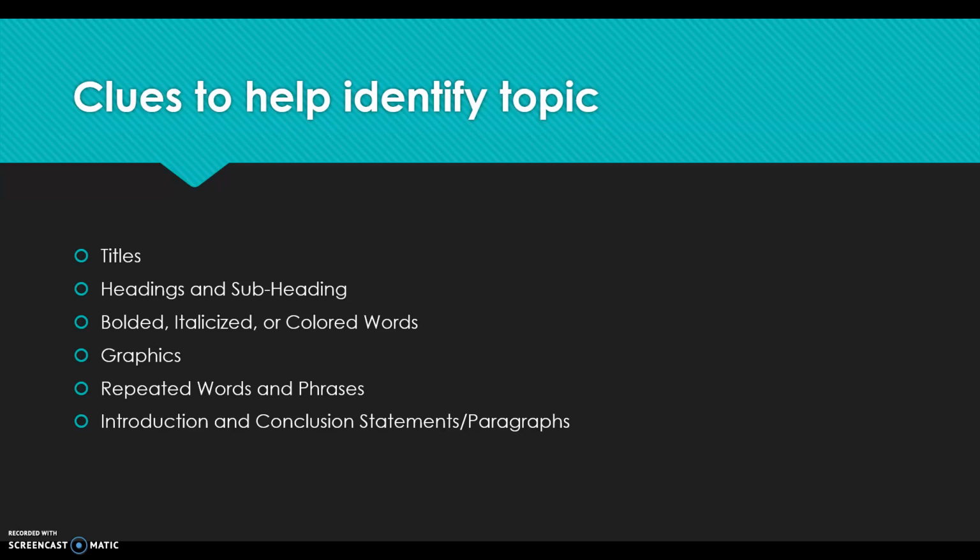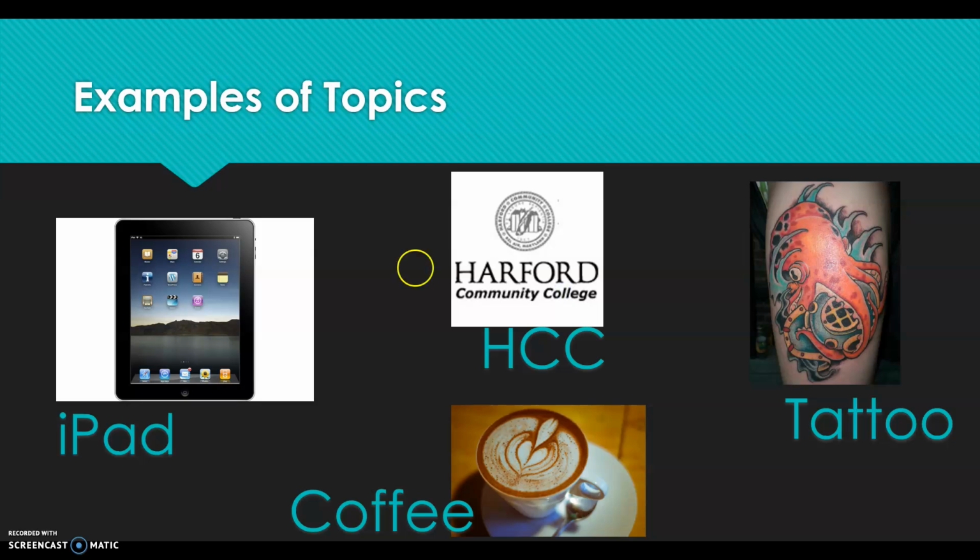If a word is repeated over and over again, or if it's said once and then pronouns like he or she are used, that might be the topic. They're definitely introduced in the introduction and concluding statements or paragraph. All of those will help you identify the topic of the paragraph or the passage. And that's the first thing that you have to do.